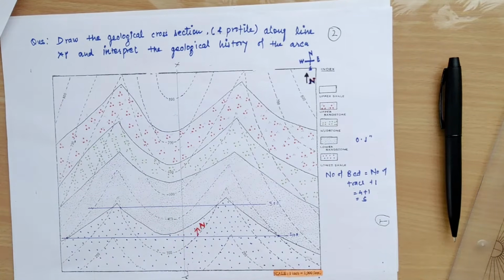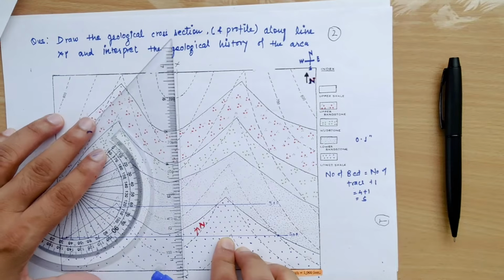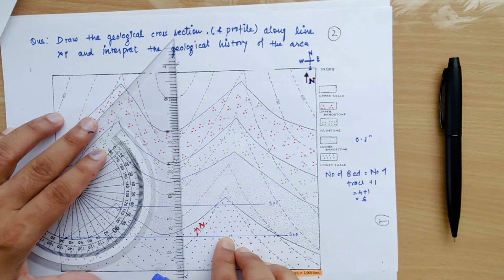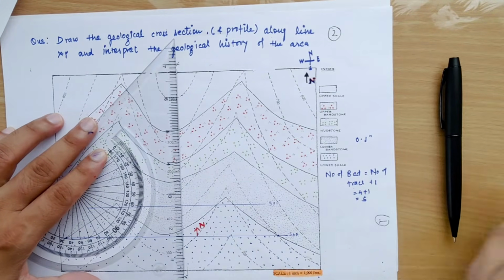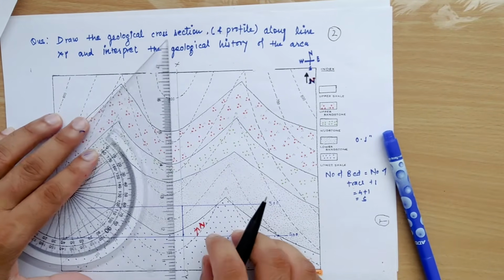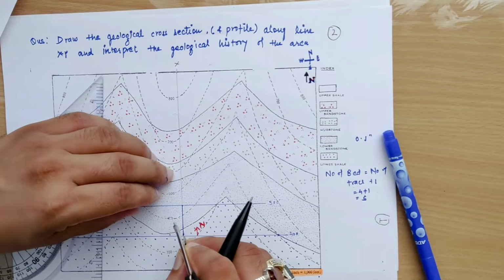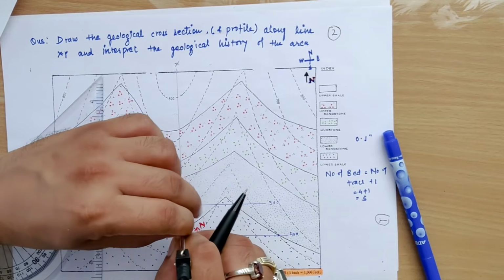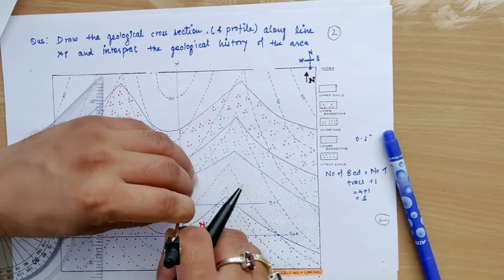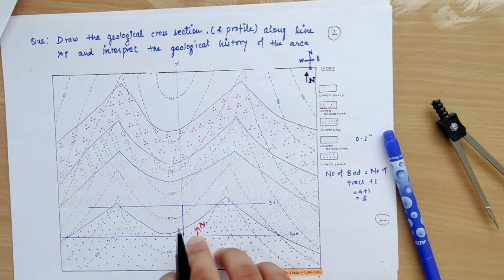determine the dip. So we have to determine the dip in XY direction because we have to draw the map along XY. So we simply measure this distance. Either we can measure this distance with the help of a divider and mark it at another place, or we can put our CI over here.